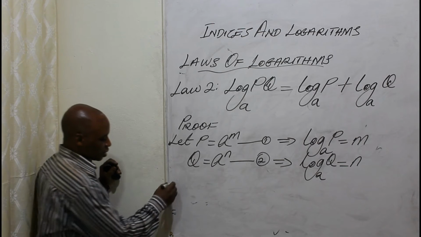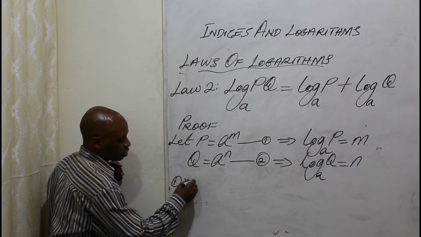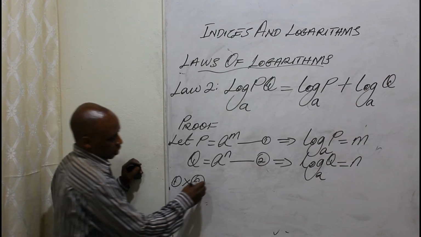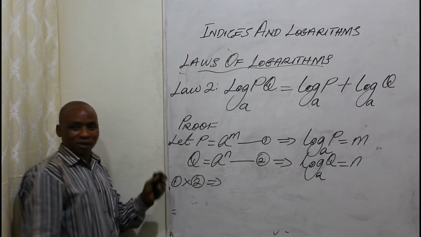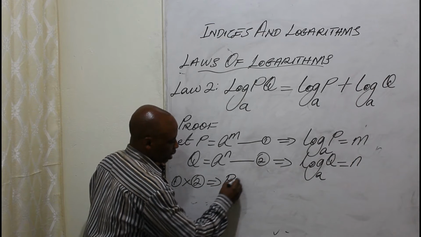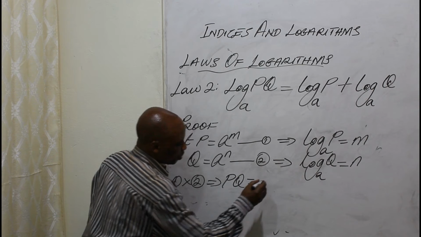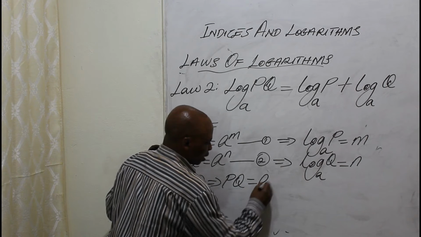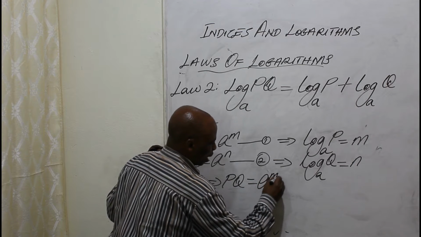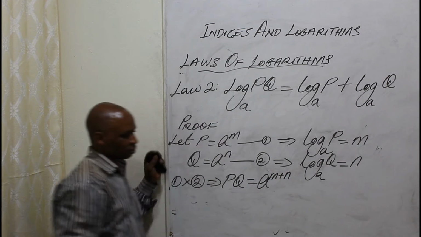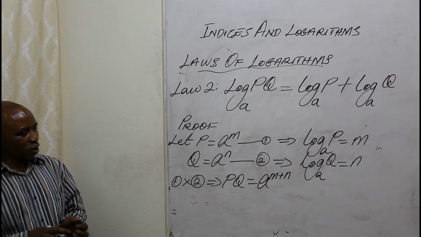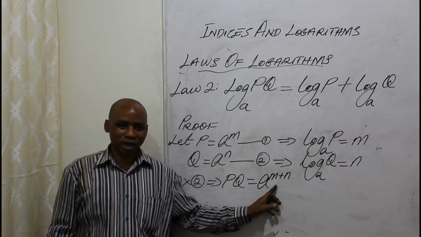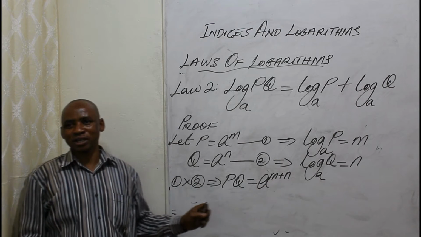Then our next step is we multiply equation 1 by equation 2. And this will give us on the left hand side pq being equal to, on the right hand side, a raised to the power m plus n. I hope you understand why it is a raised to the power m plus n. That's from the addition law of indices.